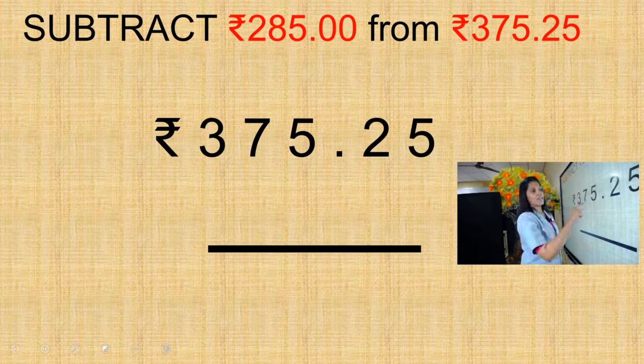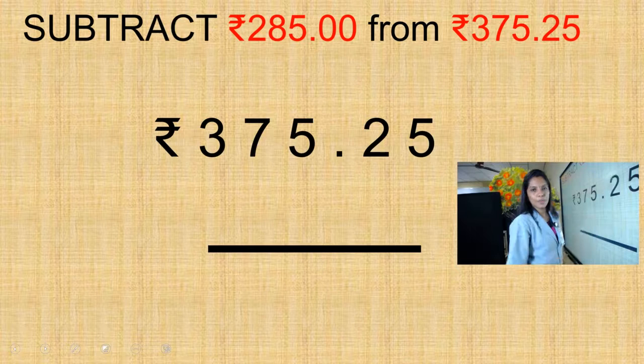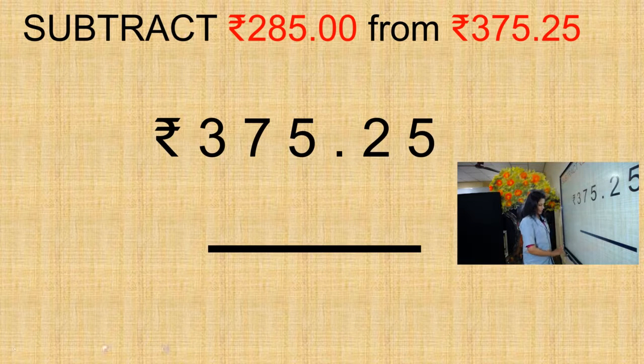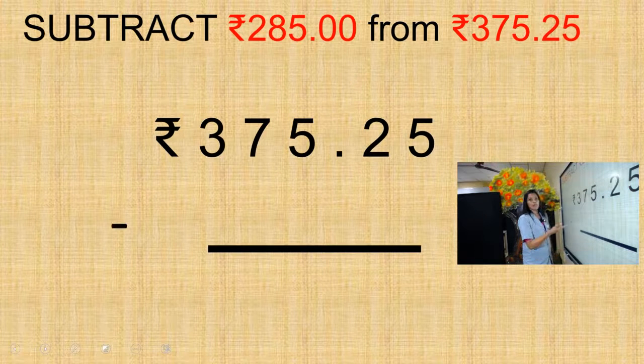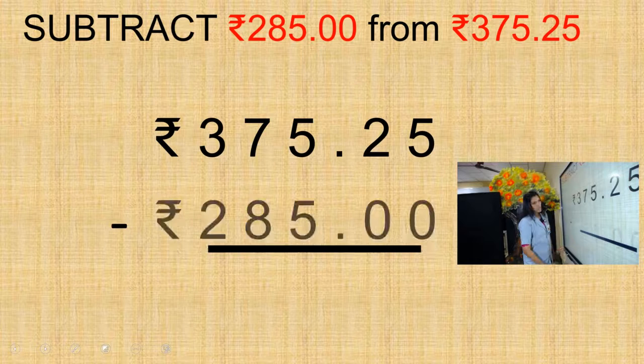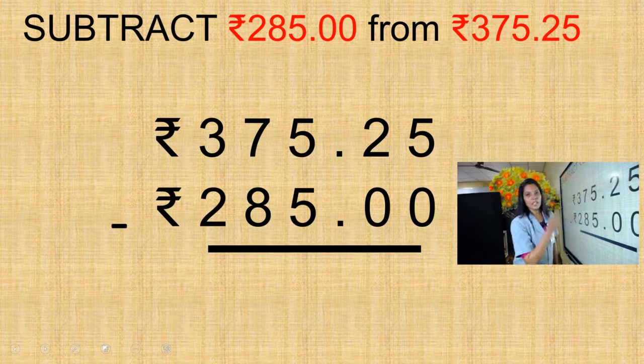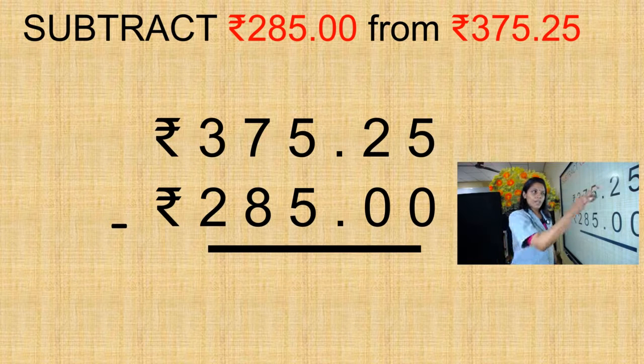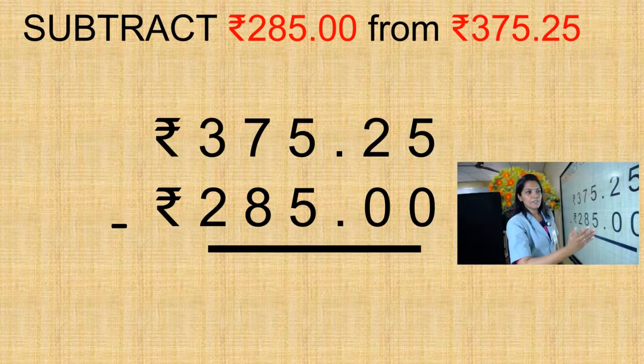See, rupees 375 and 25 paise. Now what do we have to put? Put the symbol of subtraction and then write the next number. See how I have written the number. Here the dot must be in alignment, so that the rupees and paise parts will be in correct order.